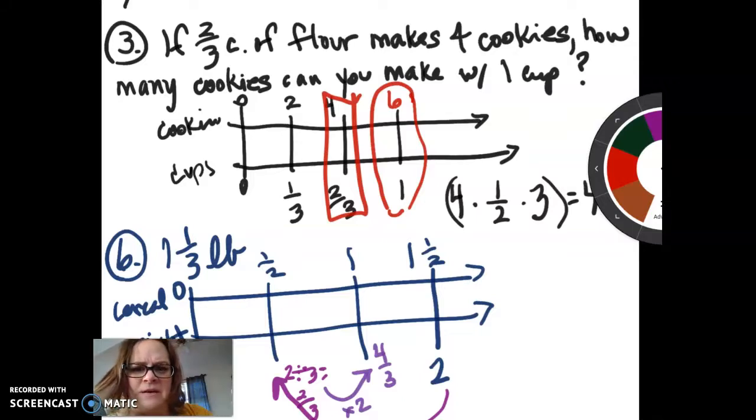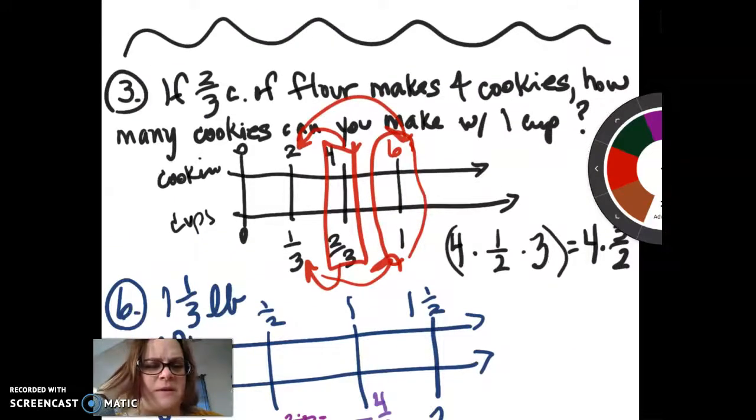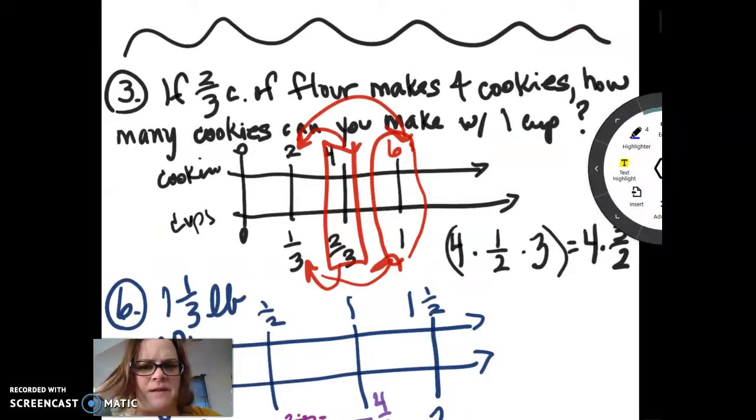What I did here is I divided 2/3 by 2 to get 1/3, and then I divided 4 by 2 to get 2, and then I could just multiply 1/3 times 3 to get 1, and 2 times 3 to get 6, right? This is like inverting and multiplying. Let's see if I can erase some of that stuff that I just wrote.